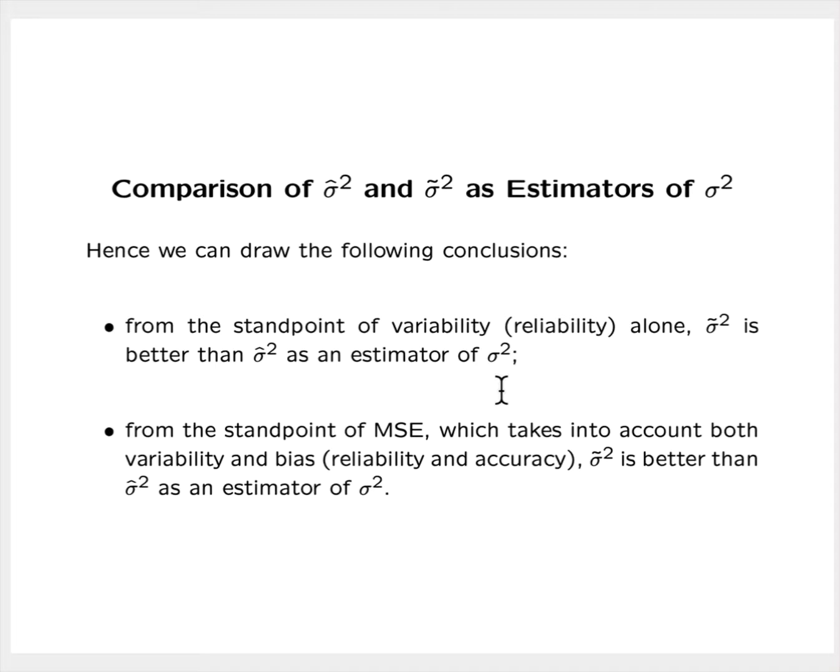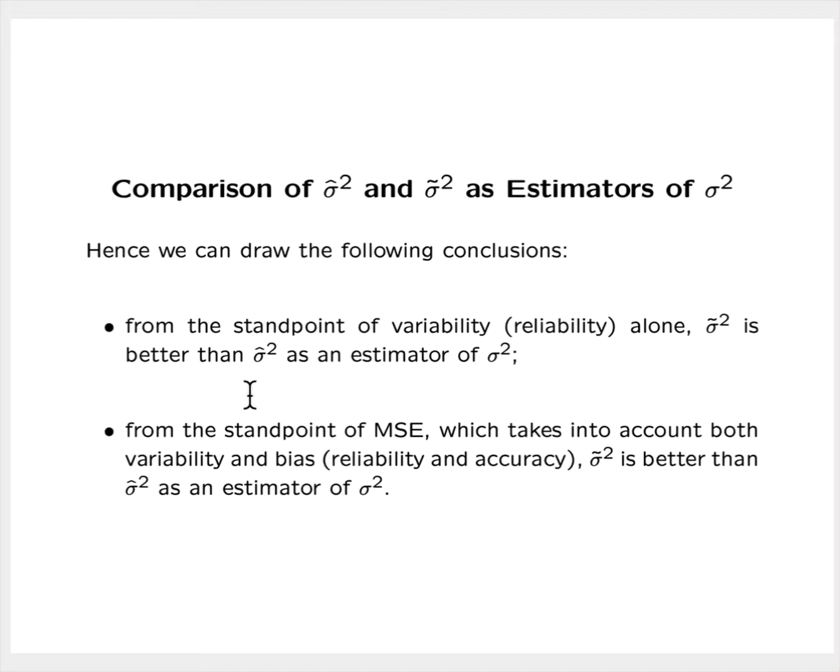Now, let me remind you here that sigma tilde squared is the biased version of the sample variance. And so what this is saying is that from the standpoint of reliability alone, the biased version of the sample variance is a better estimator of the population variance than is the unbiased estimator of the population variance.